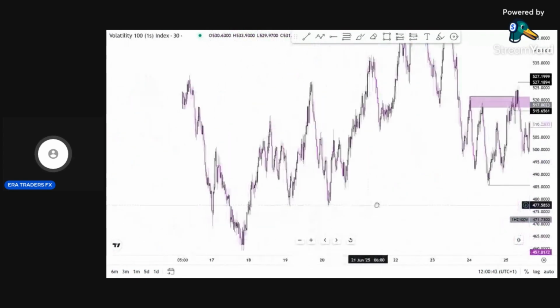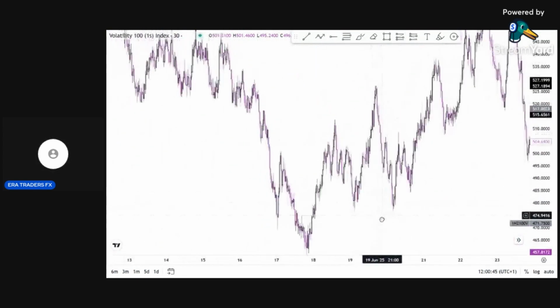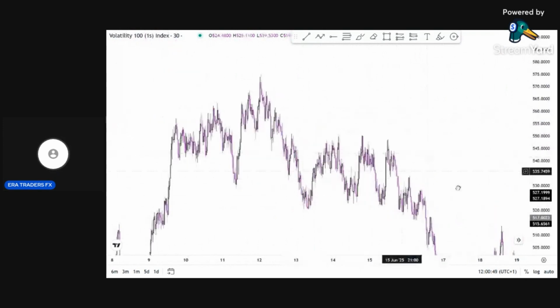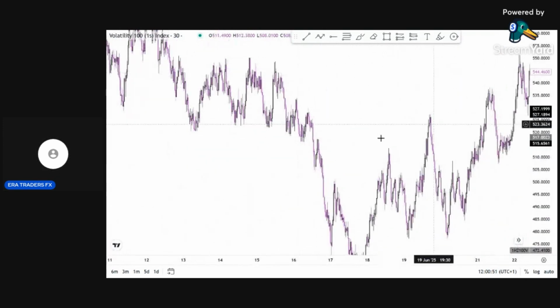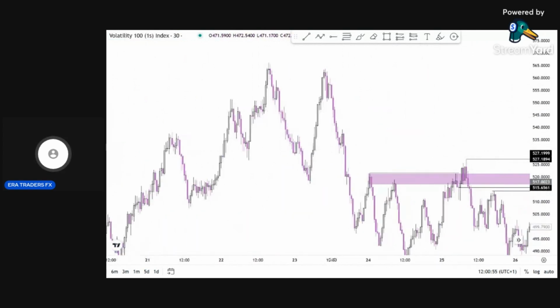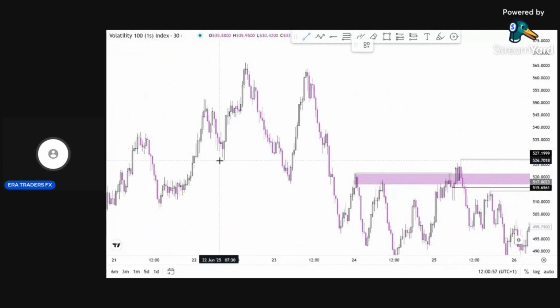Let me look for another POI. The next one is the order block. I'll just show you these things quickly. This one is a good example. We had a break of structure to the downside, then we had a sweep of this high.